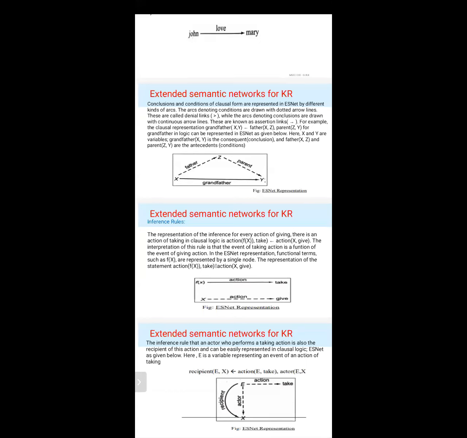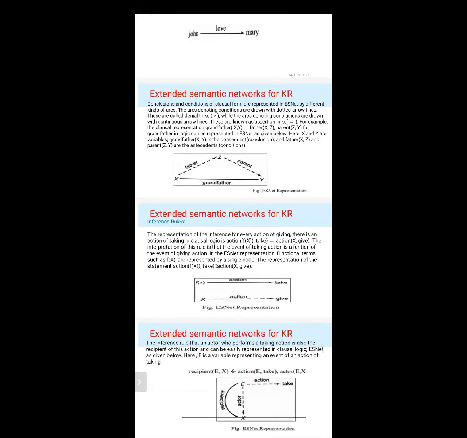The functional terms such as f of x are represented by a single node. Next, the representation of the statement action of f of x comma take and action of x comma give can be represented like this: f of x action take, next x action give.